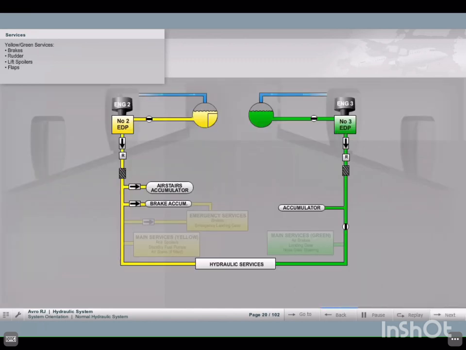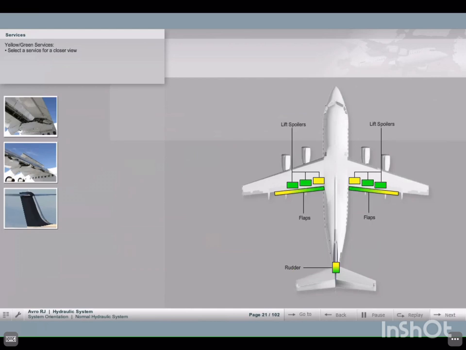These services normally use both yellow and green systems because of their importance. Select a service for a closer view.